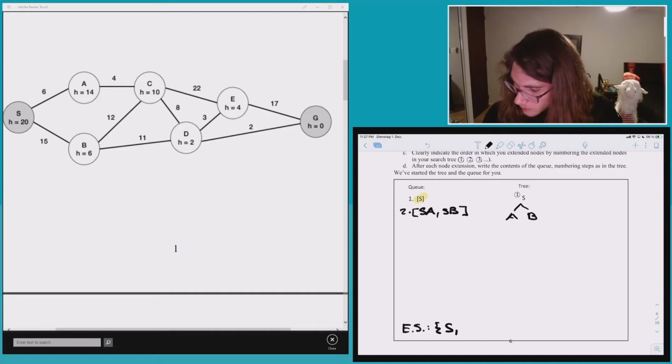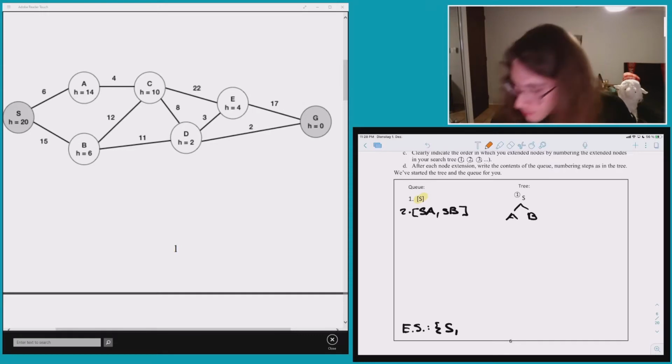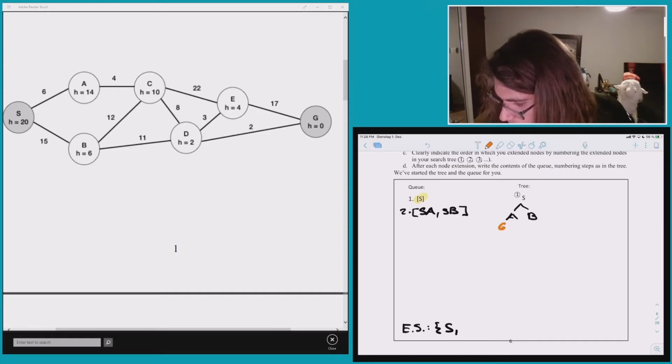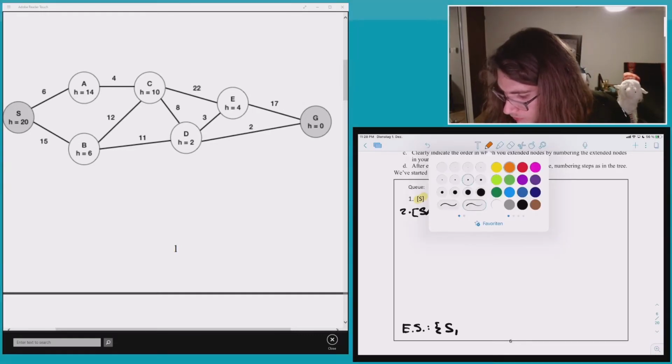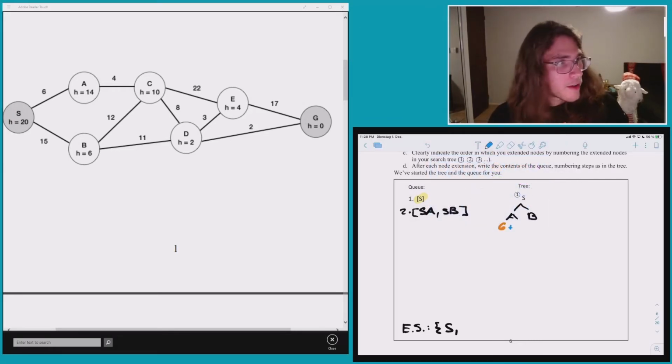Okay. Now I skipped a step. Remember how I was using orange to denote path lengths? I'm going to do that once more. So SA has 6, and I'm going to use blue for heuristic, plus 14.